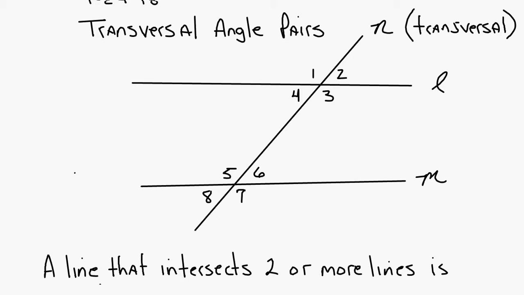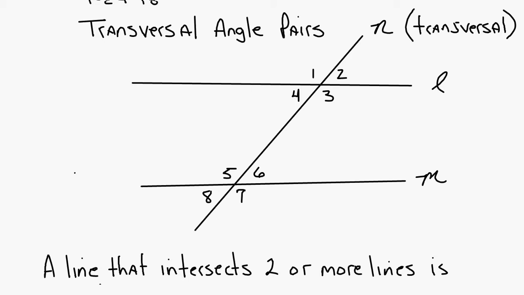Now hopefully you remember some angle pair names that you've already learned. Angles 1 and 2, they're a linear pair, aren't they? And they sum to 180. And angles 1 and 3, anybody remember what those are called? Vertical angles.